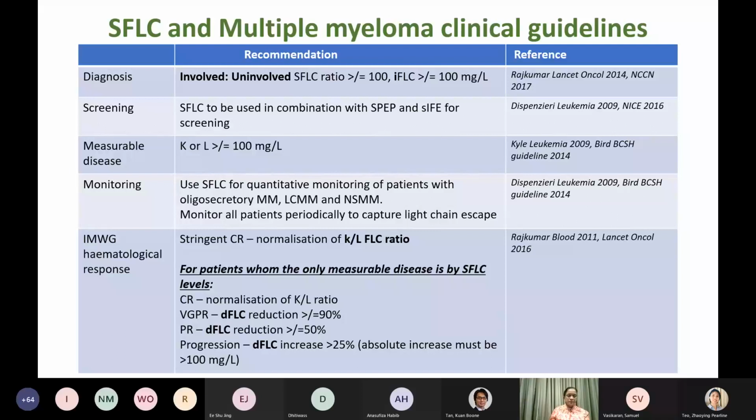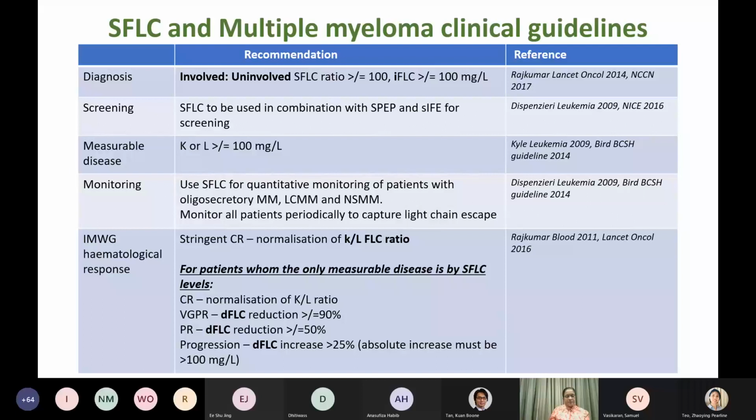An individual patient may or may not meet some of these criteria depending on the free light chain assay you use, and sometimes depending on the platform, even with the same reagent type. Most of these cutoffs stated in current guidelines are based on the Binding Site free light chain assay.